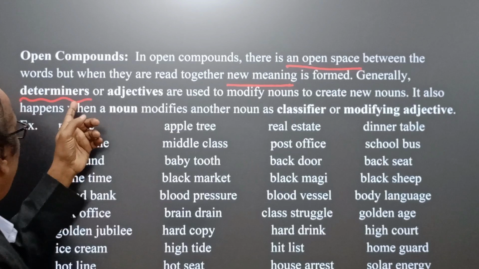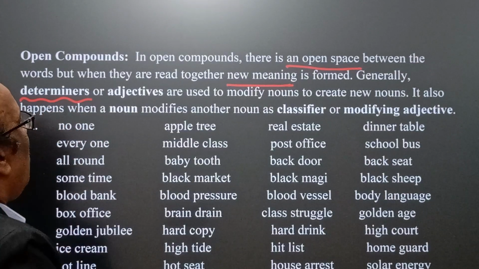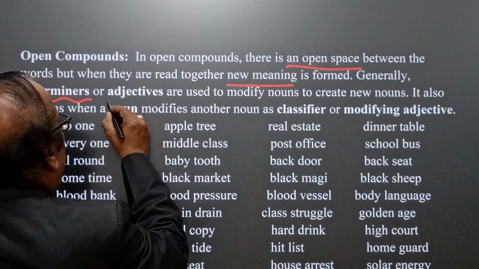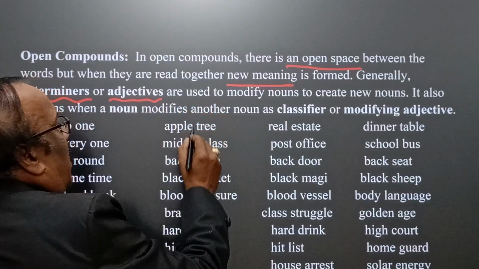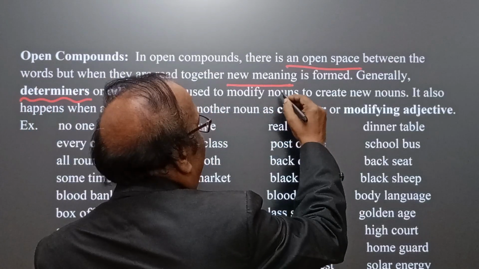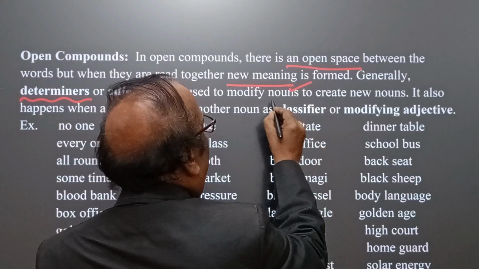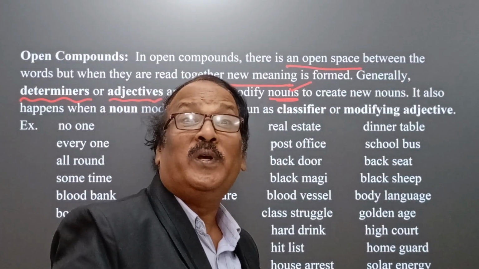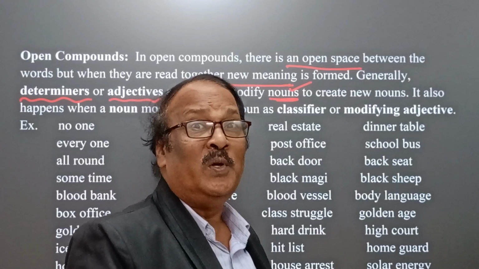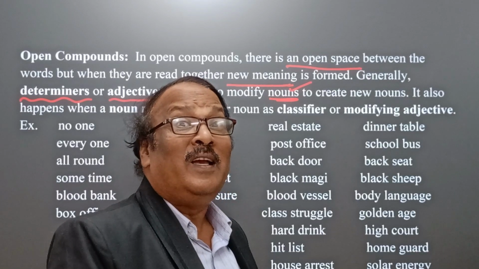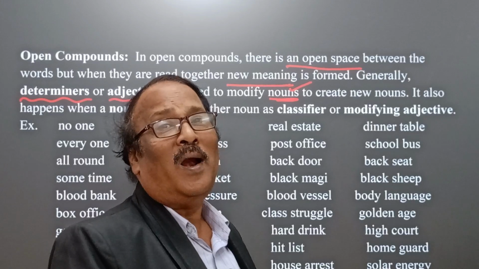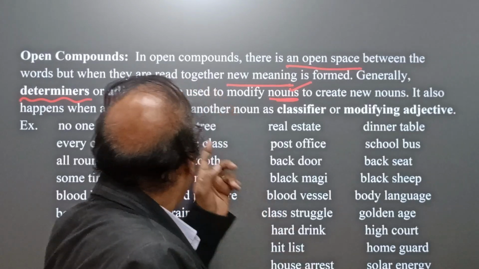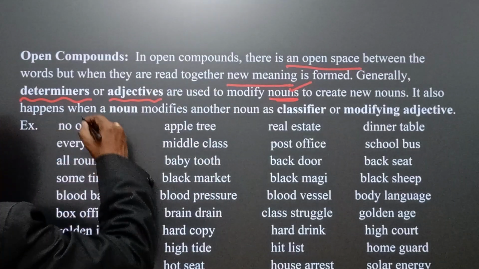Here we find determiners or adjectives. Determiners or adjectives are used to modify nouns to create new words. This is the creation of a compound word with the help of adjectives and determiners.